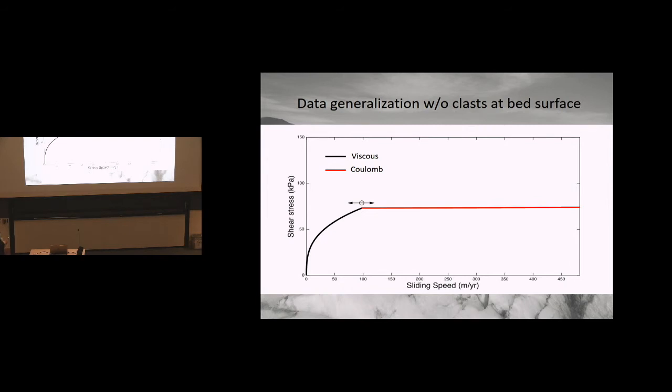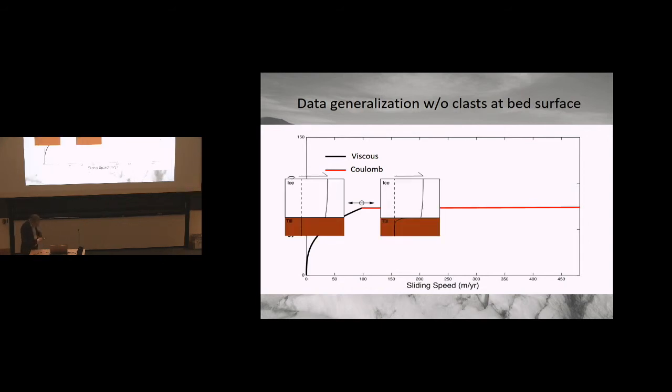It simply requires a higher sliding speed to get to the point where the shear stress on the bed surface is enough to deform the bed. And this would be the relevant kinematics, where in this case we're getting just sliding of ice over the till bed. And then over this part of the range of parameter space, we're getting deformation, but focused right up near the bed surface.